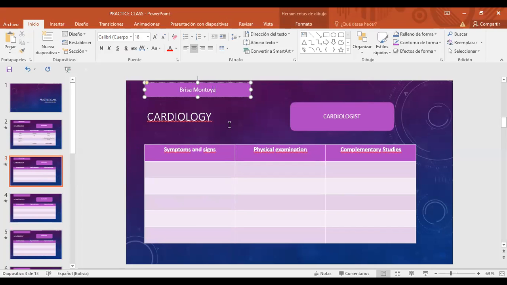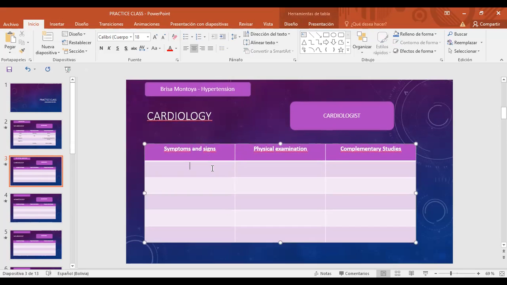Okay, so could you tell me a disease related to this specialty? Could be hypertension. Okay, hypertension. I'm going to write it down here. Be hypertension, right? So, well, you got me.